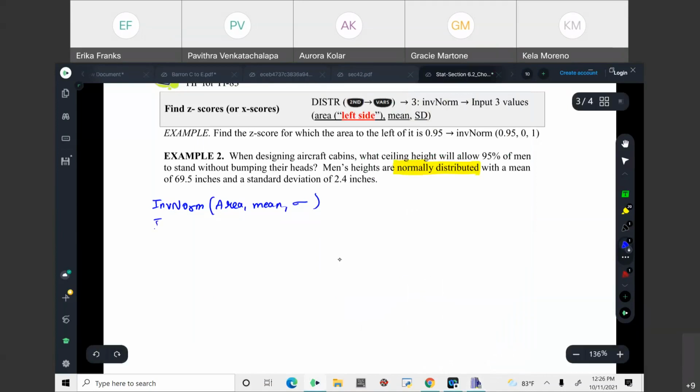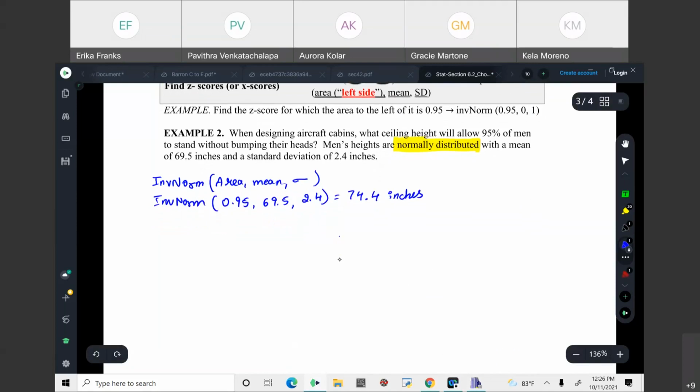So inverse norm of 0.95, 69.5, 2.4 is 73.4. Okay. Now you can also do this using the formula x equal to mu plus z sigma, and you will get the diameter.